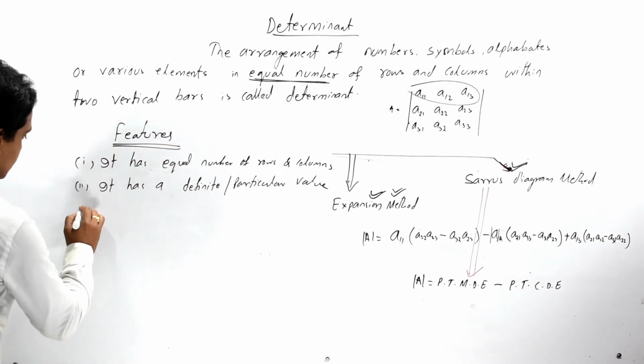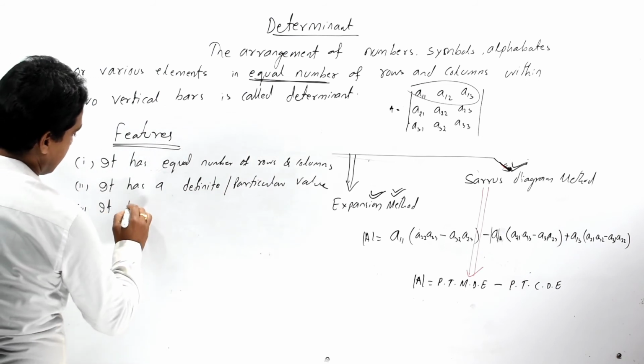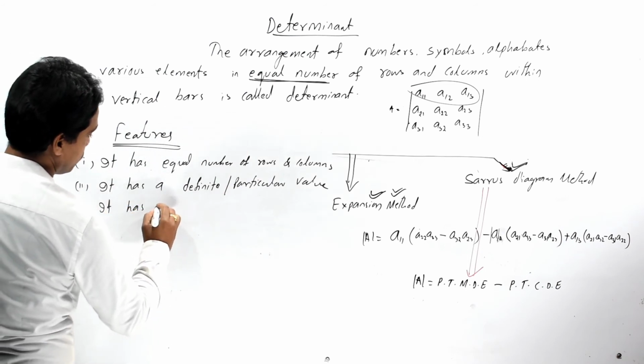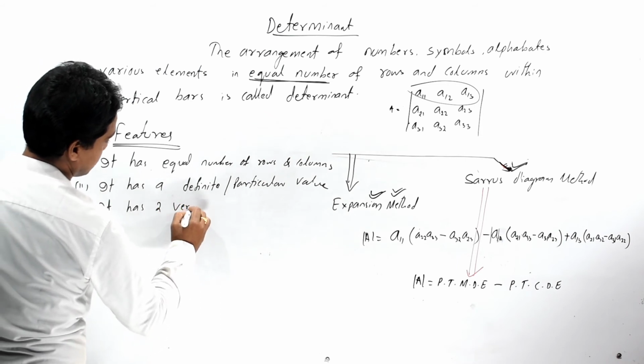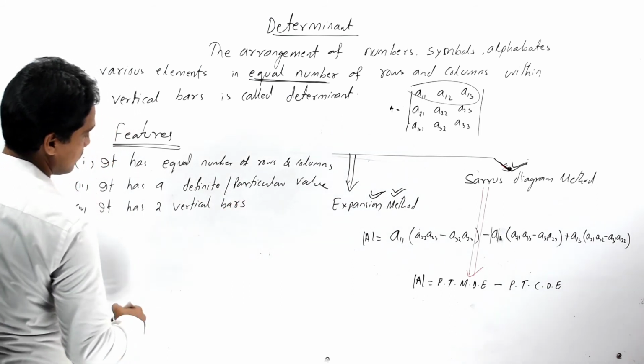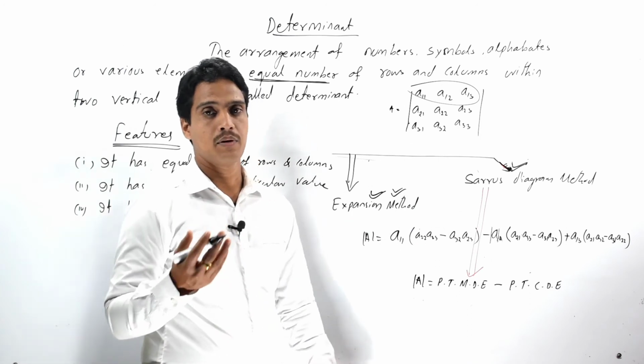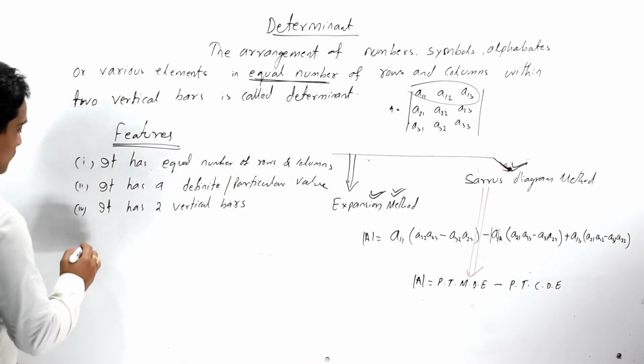Then the next feature is that it has two vertical bars, the first on its left side and another on its right.